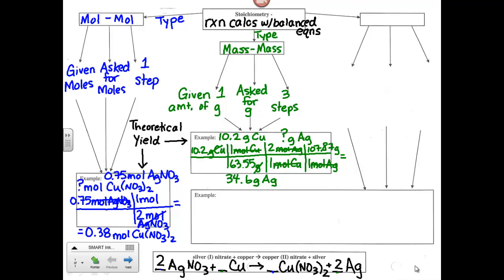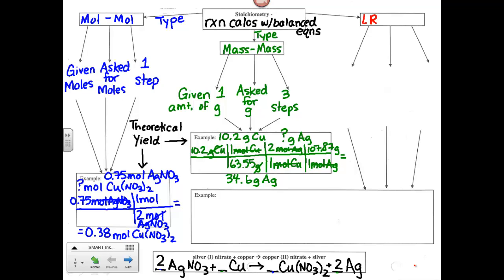If you were asked to find an actual yield, or the percent yield, you'd have to be given the actual yield in the question, and then you'd have to divide those, just like when you find your grade. Last type of calculation we called a limiting reactant.